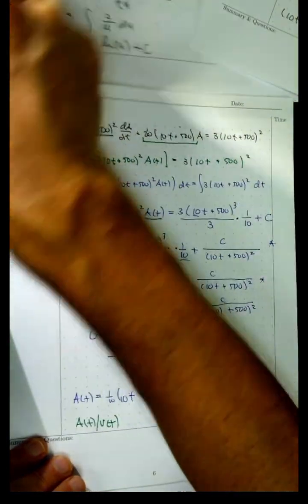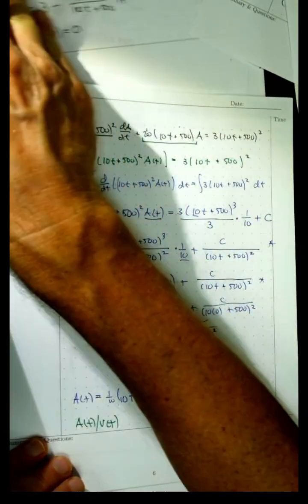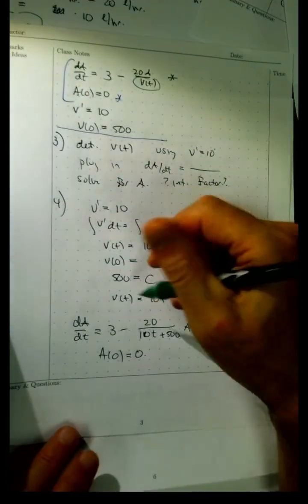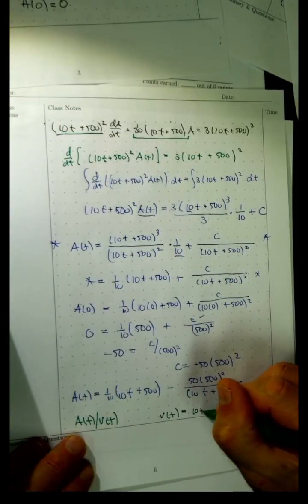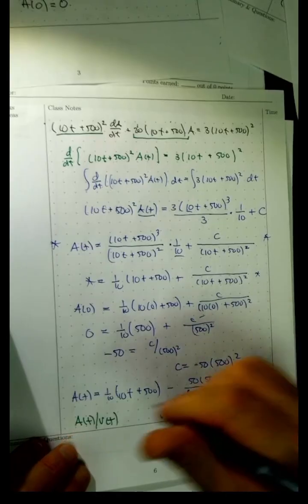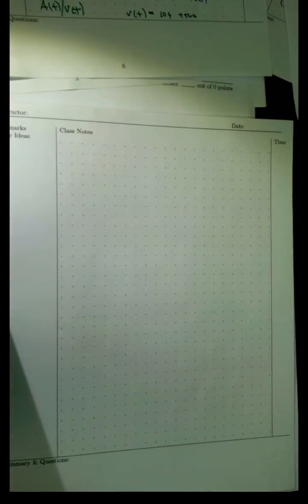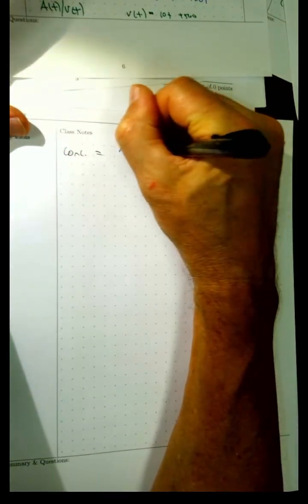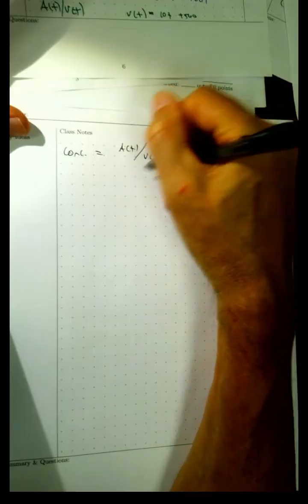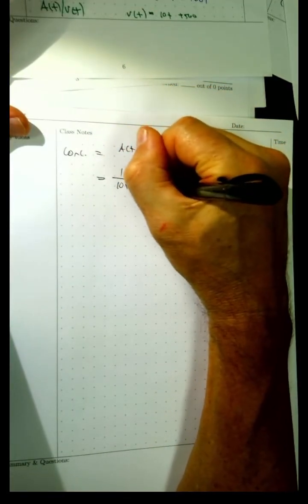sorry, I'm going to go back and check my work. The volume was 10t + 500. Basically, I have to divide everything by 10t + 500. So the concentration is the amount in the tank divided by the volume. And the volume was 10t + 500.